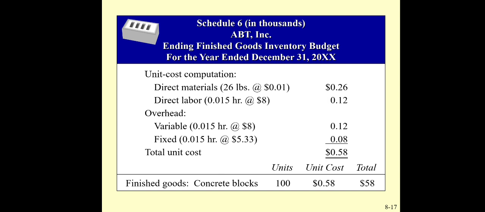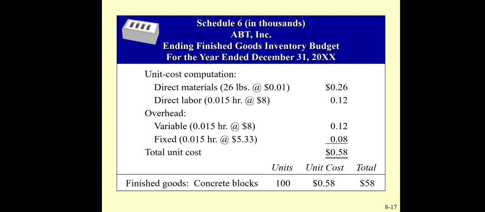The first thing that you have to show in this budget, see there in the slide, is the unit cost computation. First you show the direct material, and then you show the direct labor. You have to calculate for this business's product how much is the direct material budgeted cost. In this example, the budgeted cost is for 1 unit of product.